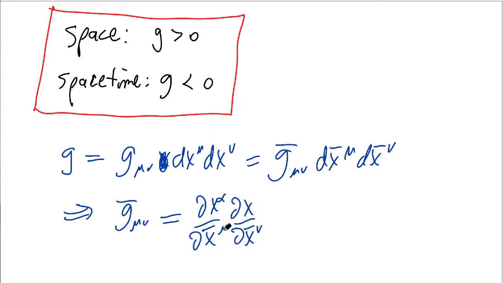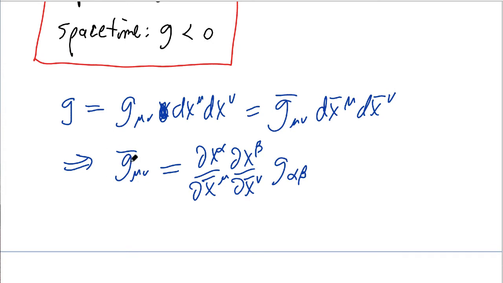We have partial x^alpha with respect to x bar^mu, partial x^beta with respect to x bar^nu, times g_alpha beta. So the determinant of the metric tensor in the barred coordinates, let me write that explicitly as determinant g bar.